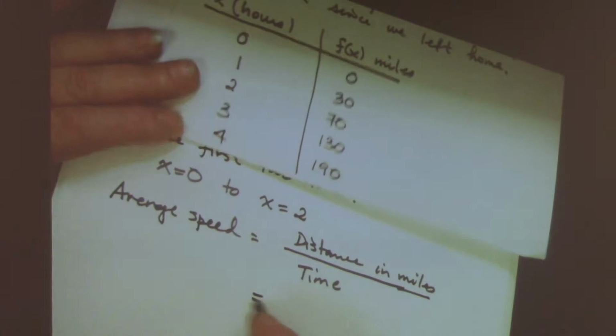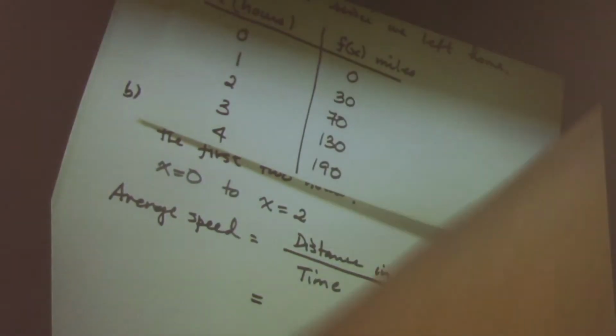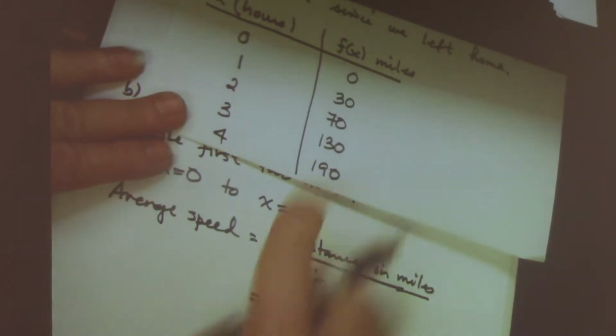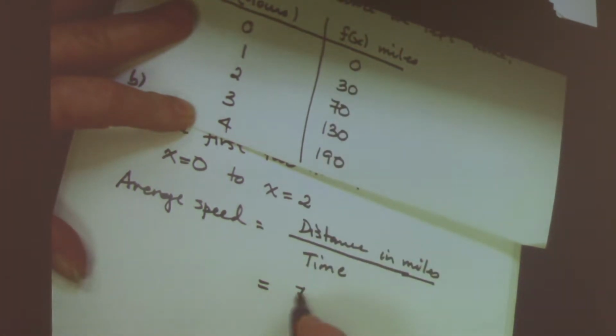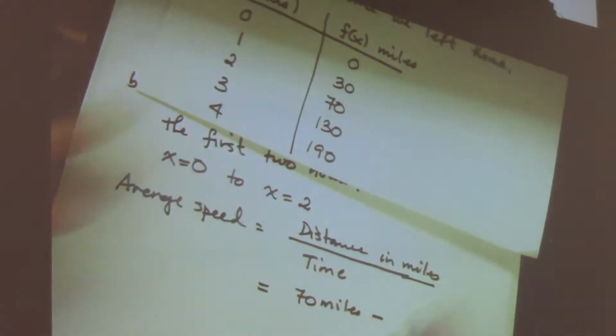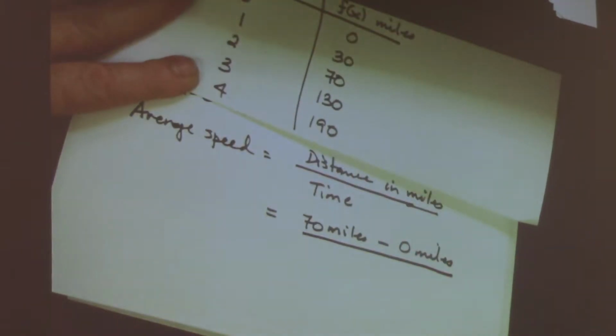Okay, so how far did I go during the first 2 hours? Okay, so 70 miles, right? And let's just say 70 miles minus 0 miles, because after 0 hours I had gone 0 miles. Over what time period? 2 hours.